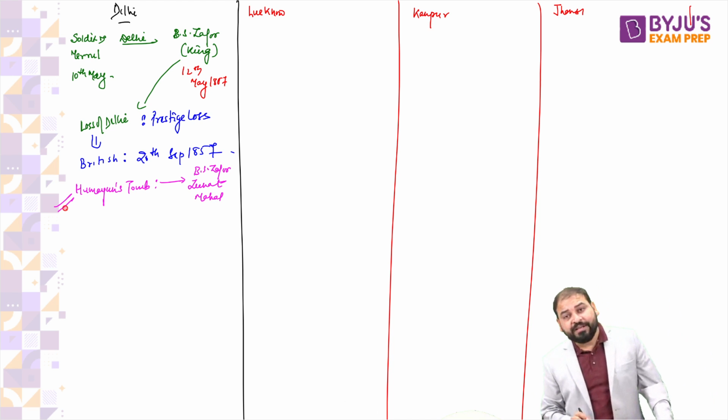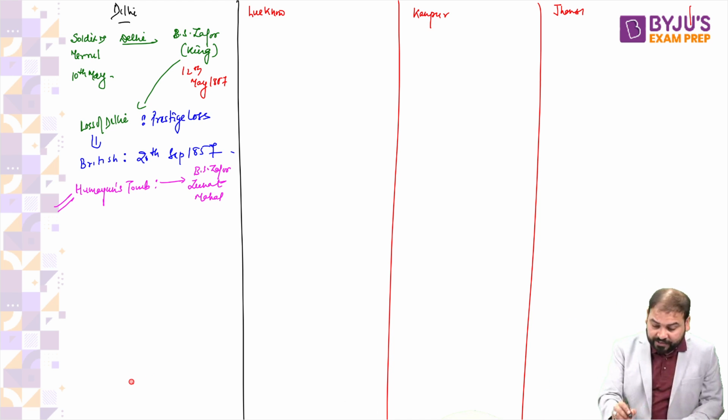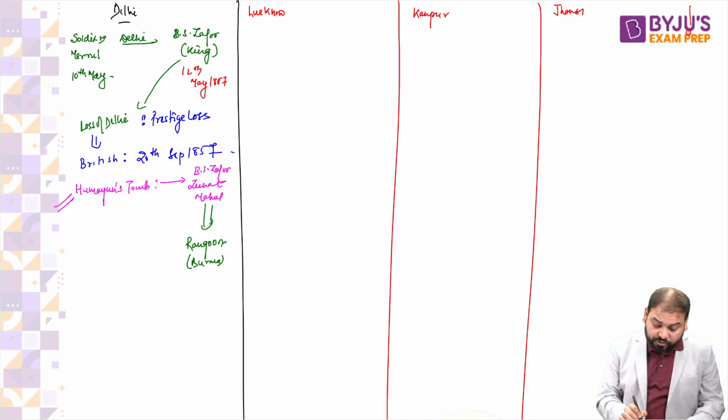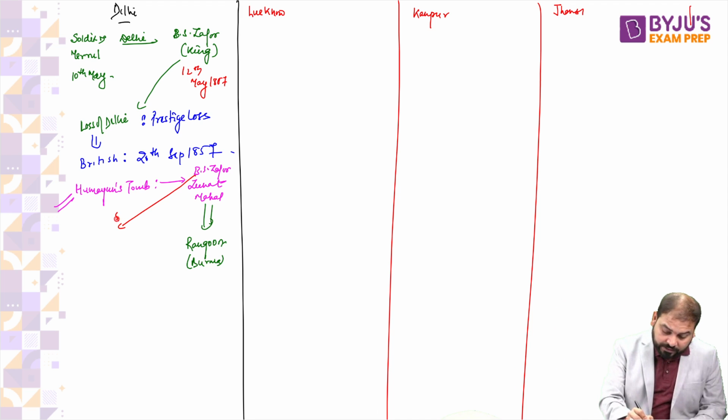They were hiding here, from where they were arrested and sent to Rangoon, Burma.